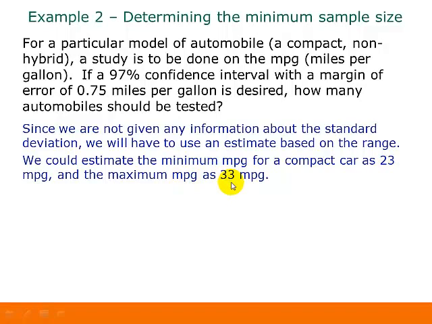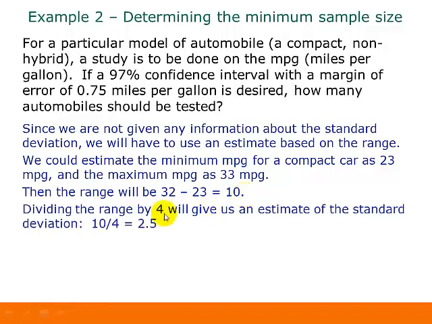Again, this is just an estimate, but at least you can have some idea of what those minimums and maximums would be. This would give us a range of 10, and then the range rule of thumb says that we can estimate the standard deviation by dividing the range by 4. So the estimate for our standard deviation would be 2.5.